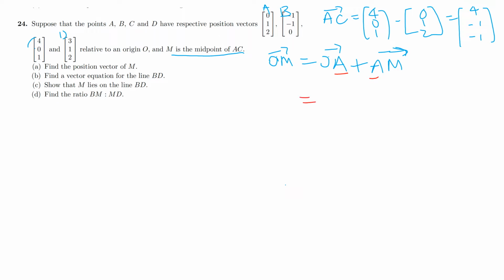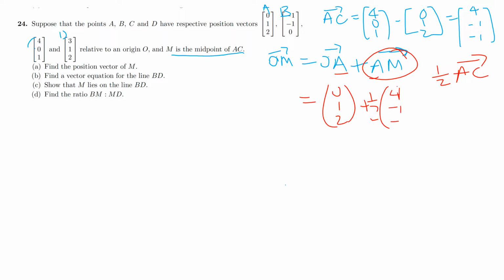So let's see, OA, so that's 0, 1, 2, and A to M, so I'm going to take M minus A. I need to find AM, which is halfway across AC. I rubbed my picture off. So instead of this, I'm going to put half AC in there, and AC we've already got.